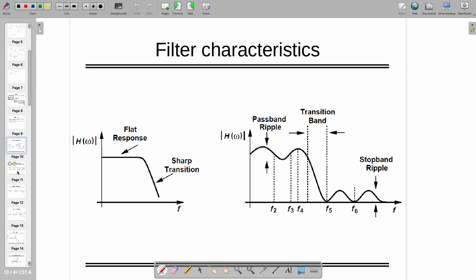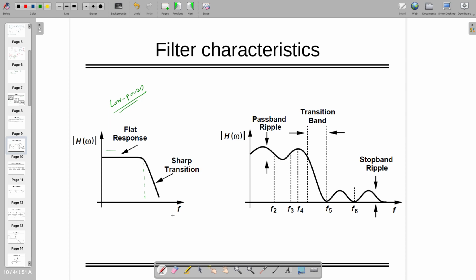Okay, so filter characteristic. If we are interested in low pass, you must have seen such kind of characteristic where you have flat response at low frequency, and after that there is a transition, maybe minus 20 dB per decade, minus 40 dB per decade. That will decide the order of your system, right? So this is already known to you.